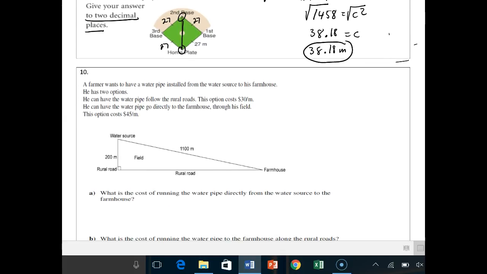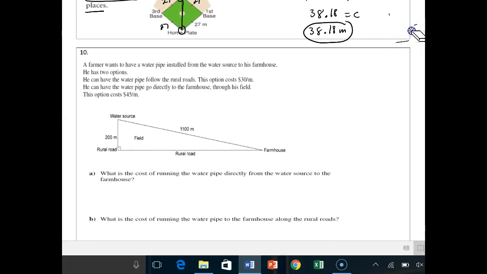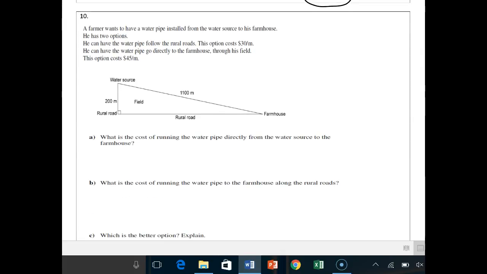Okay. And lastly, on 10, I'm going to take you through a couple of the questions, and then I'm going to have you, through Edpuzzle, answer a couple of the other ones. So, a farmer wants to have a water pipe installed to give water to his farm, right? He's got 2 options. He can either follow the rural roads, so you can go from here down to here and then all the way over to here, or he can go directly from the water source right to his farm.